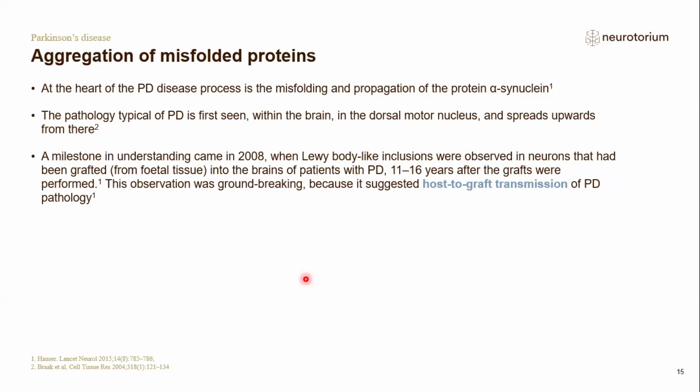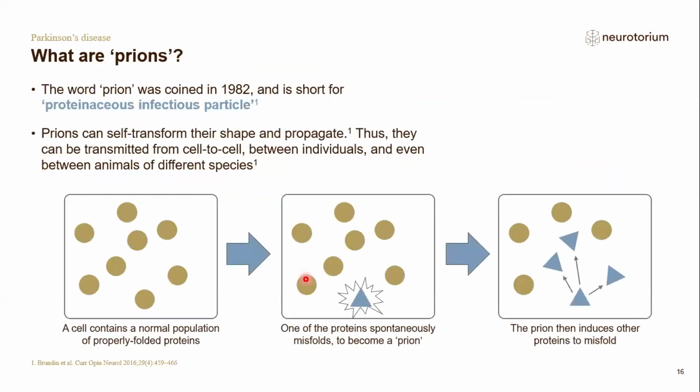When they did the pathology, they found that even the grafts they had given the patients had already been congested with the alpha-synuclein. So that's why we need to understand this hypothesis.